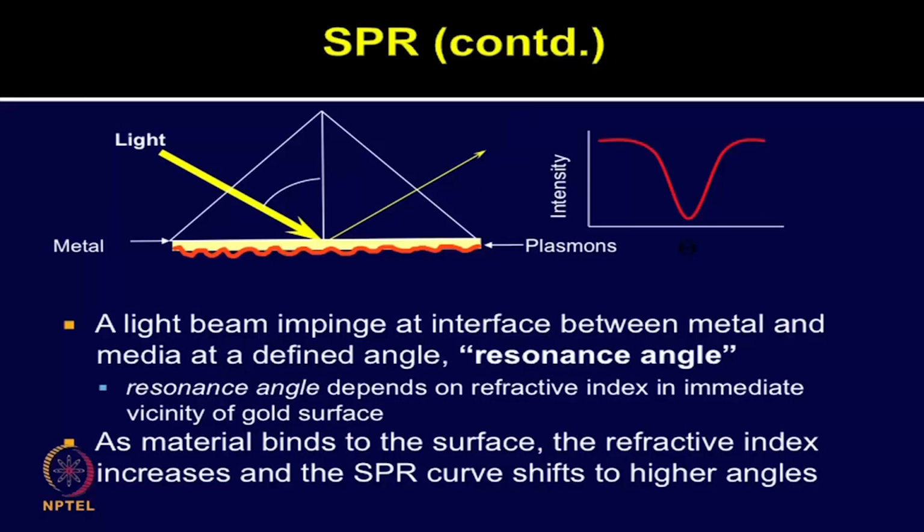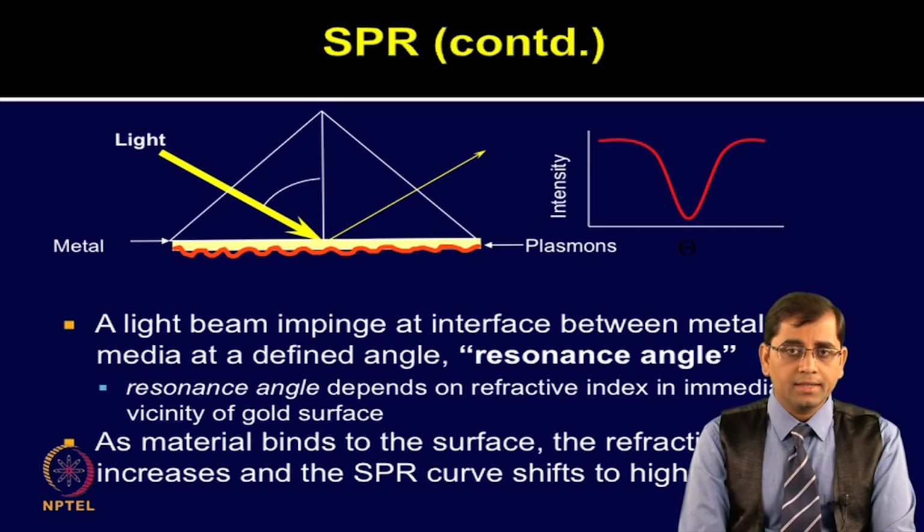In SPR, a light beam impinges at the interface between metal and media at a defined angle called the resonance angle. The resonance angle depends upon the refractive index in the immediate vicinity of the gold surface.